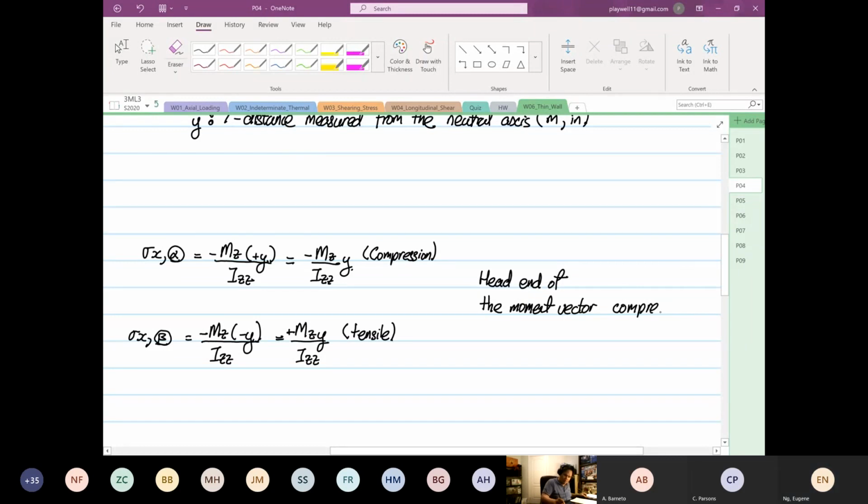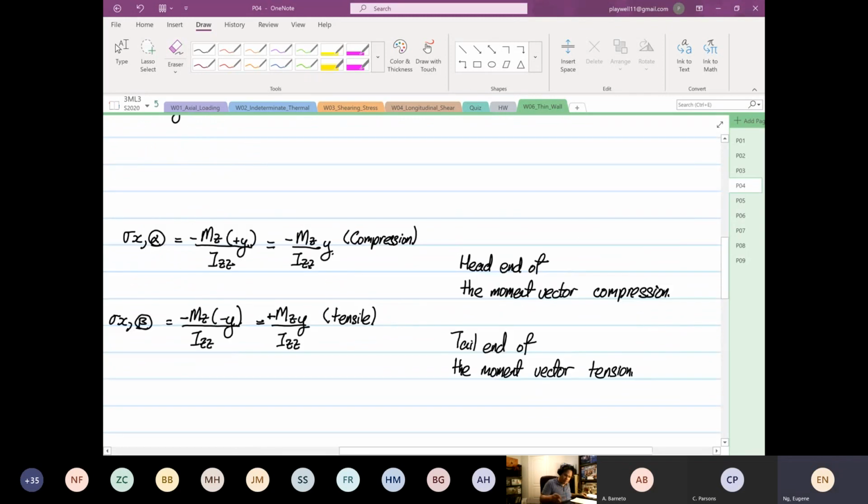And the tail end of the moment vector is always in what? Tension. Done.